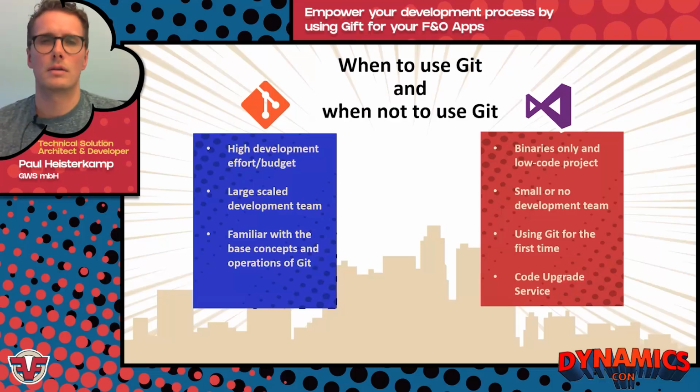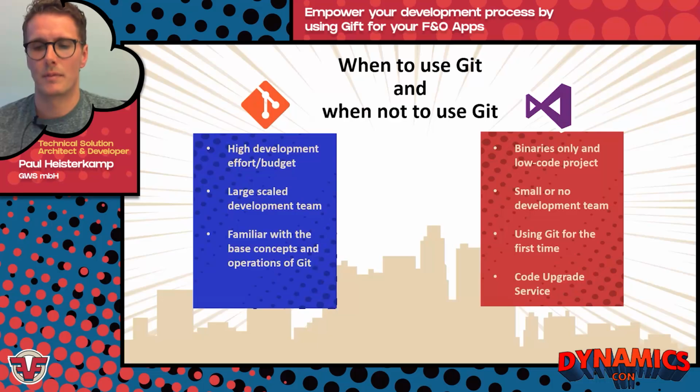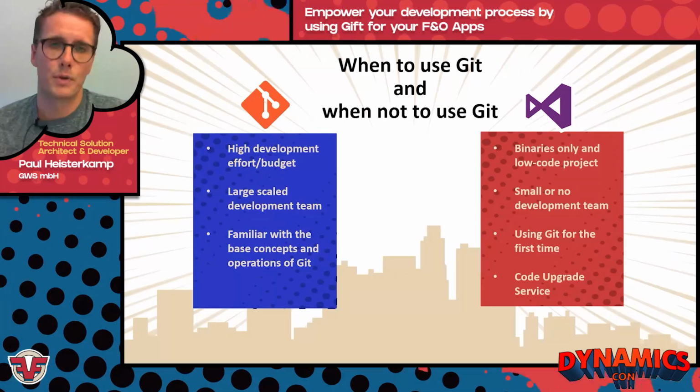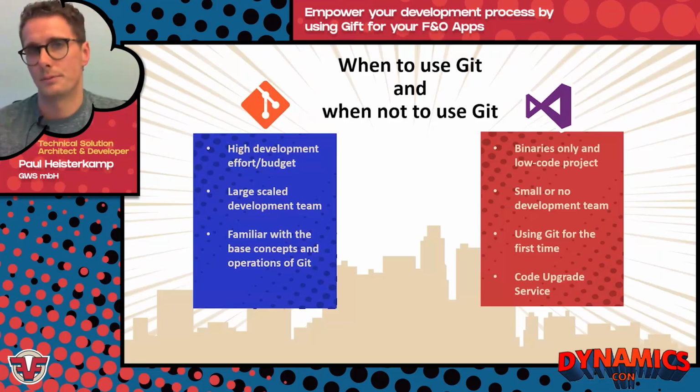And if you're also not that familiar with Git, because Git is somehow different than TFVC, then I would not recommend using Git. And of course, please do not use Git in an implementation project if you haven't used it before for internal developments or to get used to it.